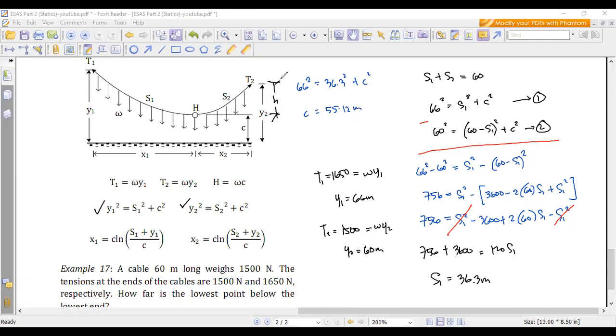The variable h can be calculated as Y2 minus C. So Y2 is 60 meters minus C, 55.12 meters. This gives us 4.88 meters.